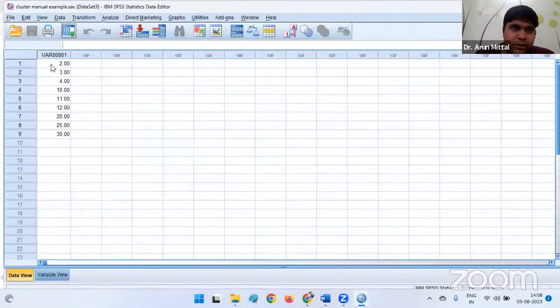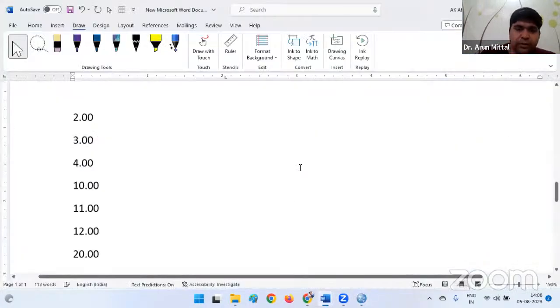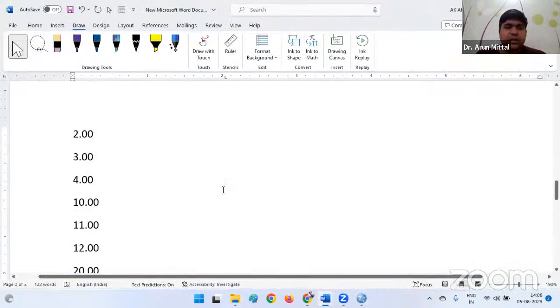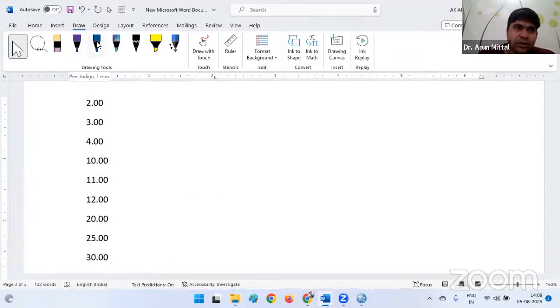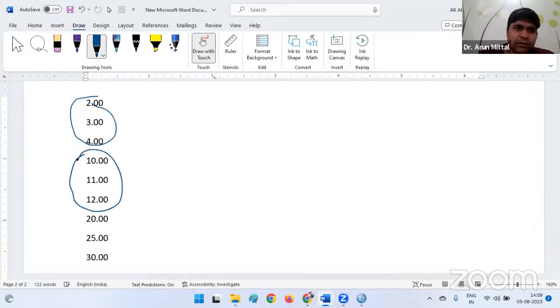Okay. So if I see this list of variables, we can think of clustering this very simple group of variables. We can say that 2, 3, 4 belong to one group, 10, 11, 12 belong to one group, and 20, 25, and 30 belong to one group.